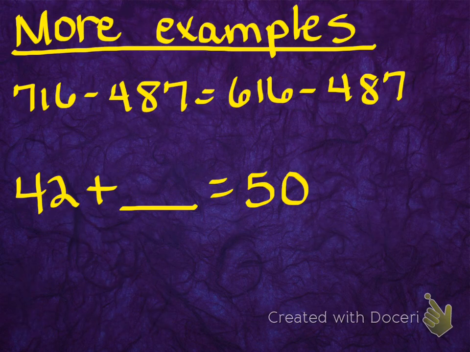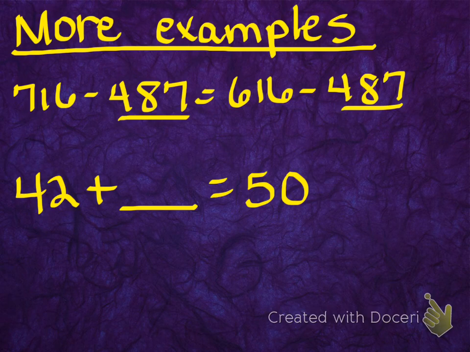Okay, I've got a couple more examples here. If I have 716 minus 487 equals 616 minus 487. Now, I've got the same number, 487, that I'm subtracting on both sides.